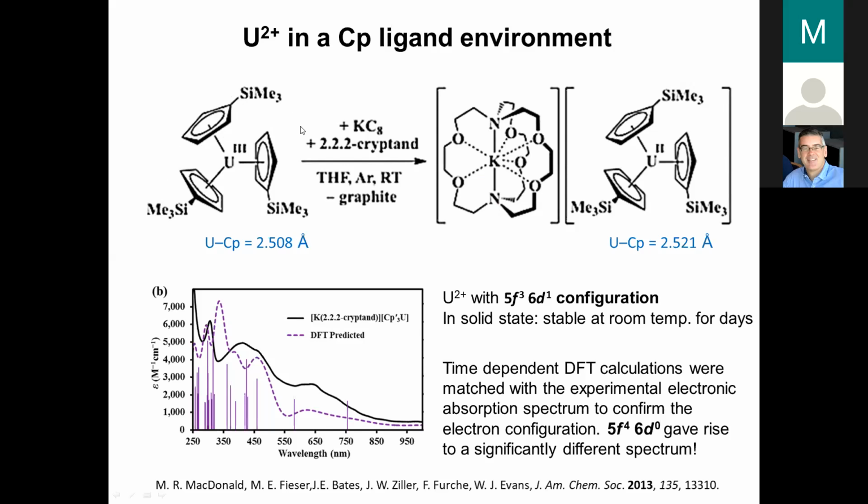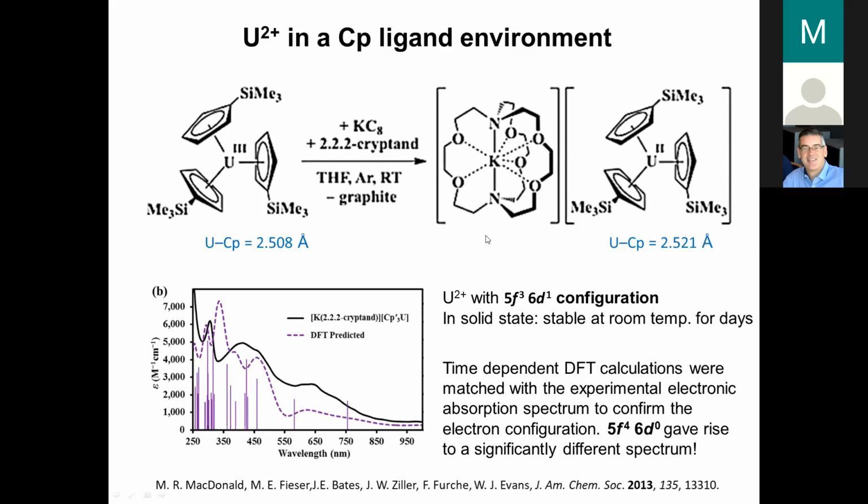And he, or better, his group, successfully reduced this molecule with potassium graphite in the presence of 2.2.2-cryptand, where you can see the complex cation potassium in 2.2.2-cryptand depicted here.